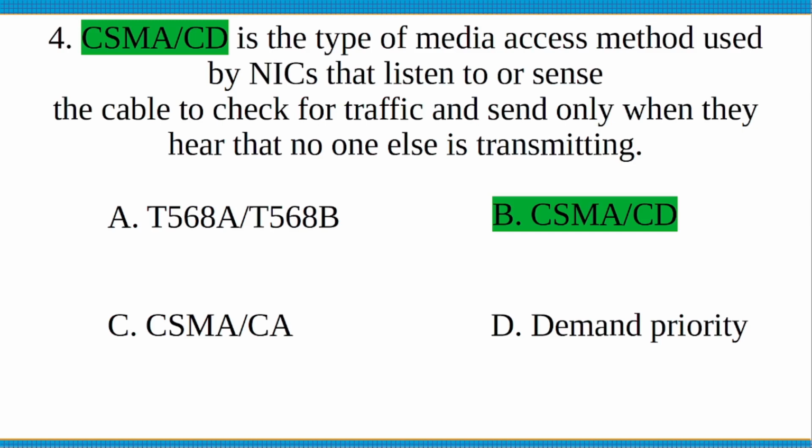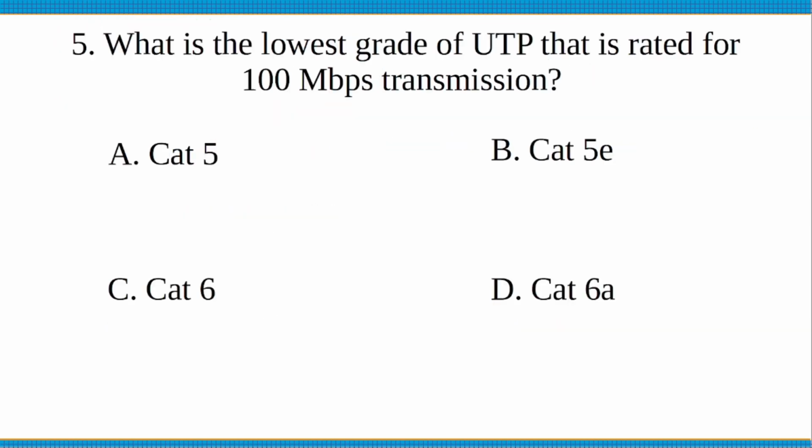All right. Question number 5. What is the lowest grade of UTP that is rated for 100 megabits per second transmission? A. Cat5, B. Cat5e, C. Cat6, D. Cat6a.